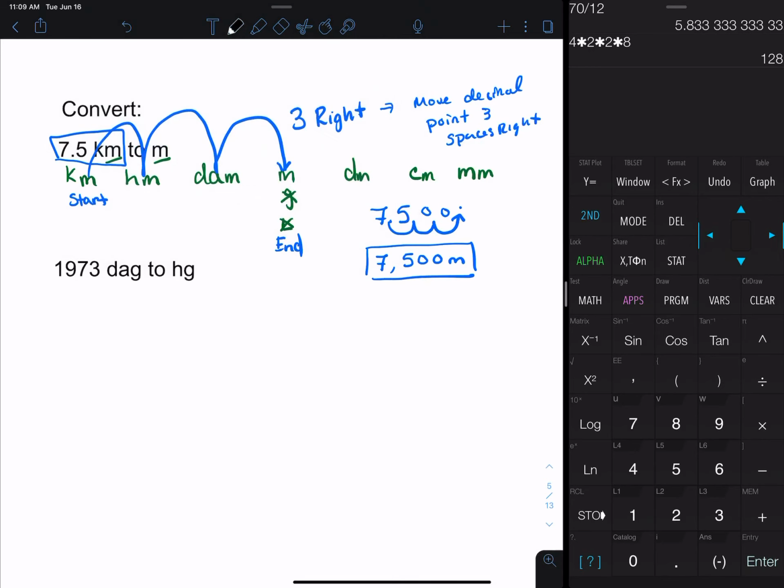So I have 1,973 decagrams to hectograms. So I have King Henry died Monday drinking chocolate milk. This time everything has a G after it, so I don't want meters, I don't want liters, I want grams.